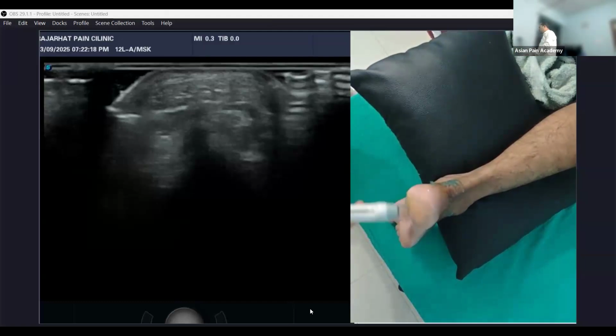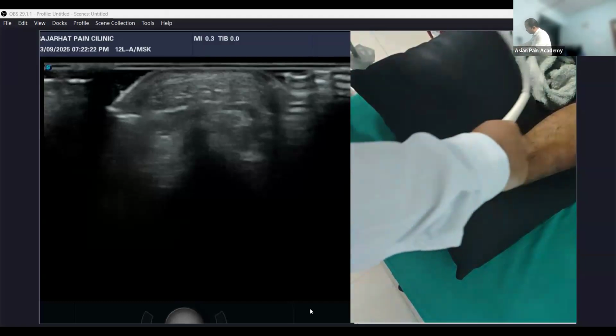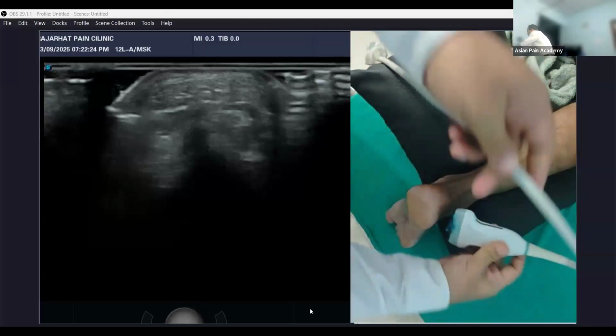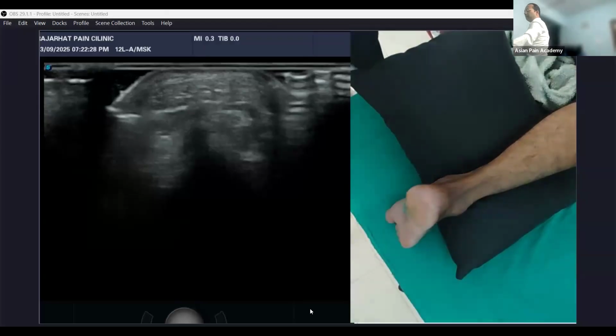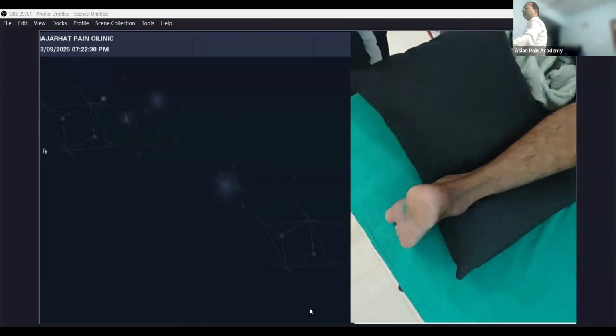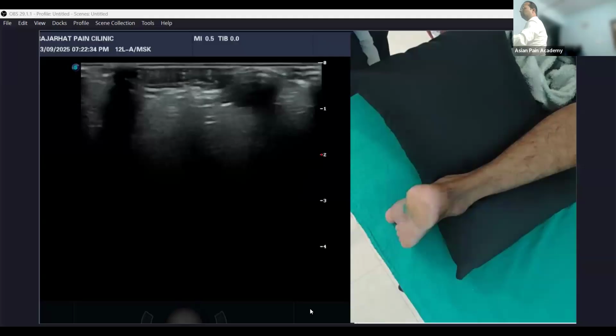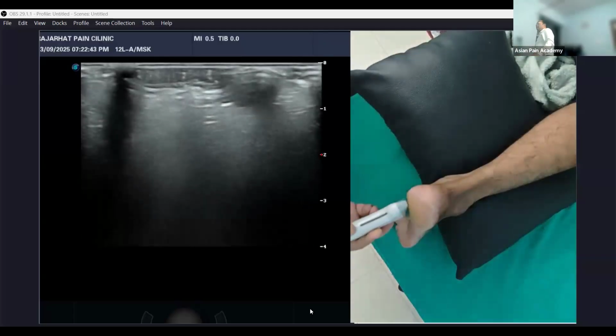Skin is very hard, so you have to increase the gain. There is no other way. In your computer setting, if there is a plantar setting, then go for the plantar setting and increase the gain. So I am increasing the gain.